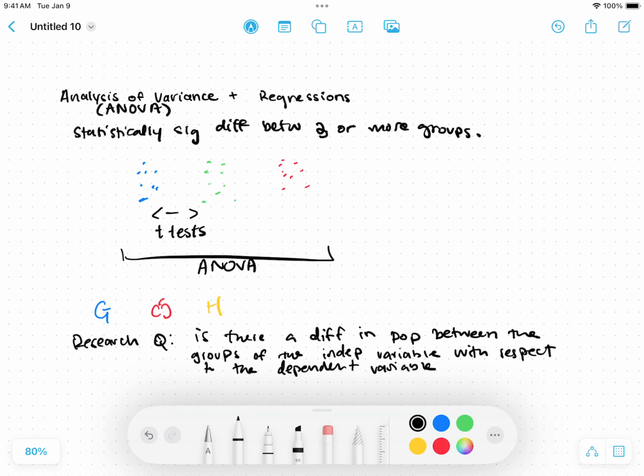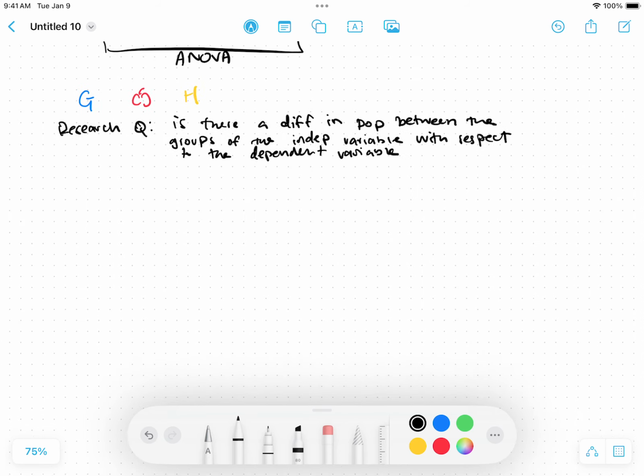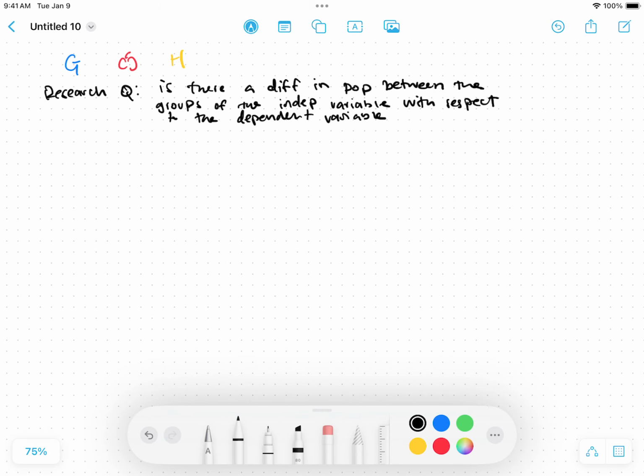Great. So now we have our research question. Note that we are talking about population, and keep in mind we're not going to be able to get every single user that has these phones. So we have to make sure that our sample is as diverse and unbiased as possible.